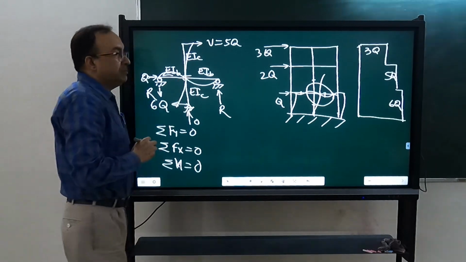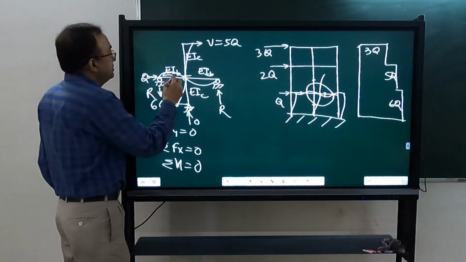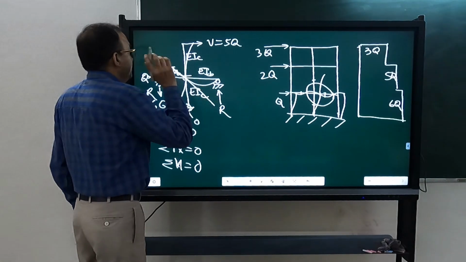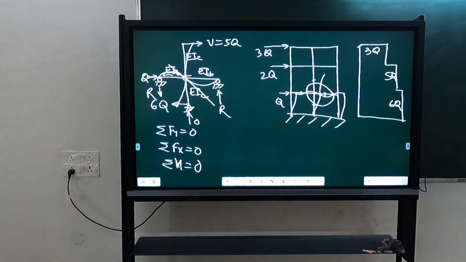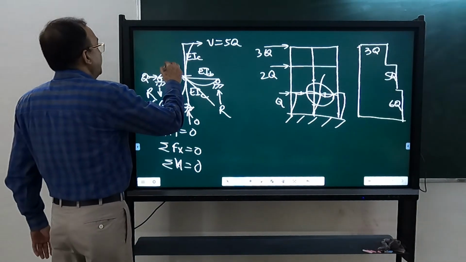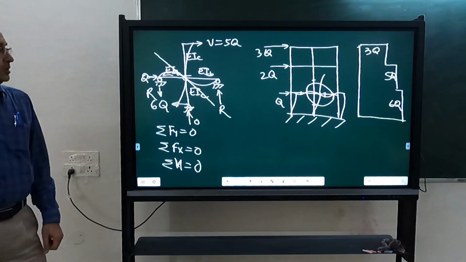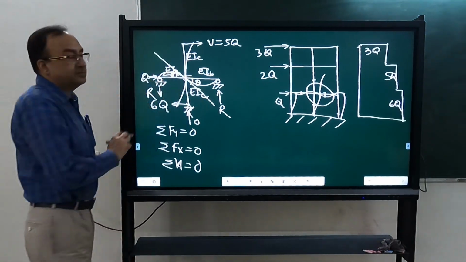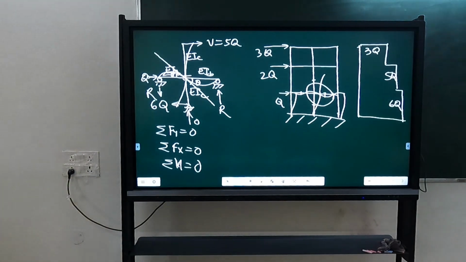So what is the compatibility condition? The compatibility condition is that this rotation here has to be the same. The rotation on the left side and right side should be the same. So this angle theta here has to be the same as theta here, irrespective of whatever loads are acting. This compatibility condition is to be satisfied.